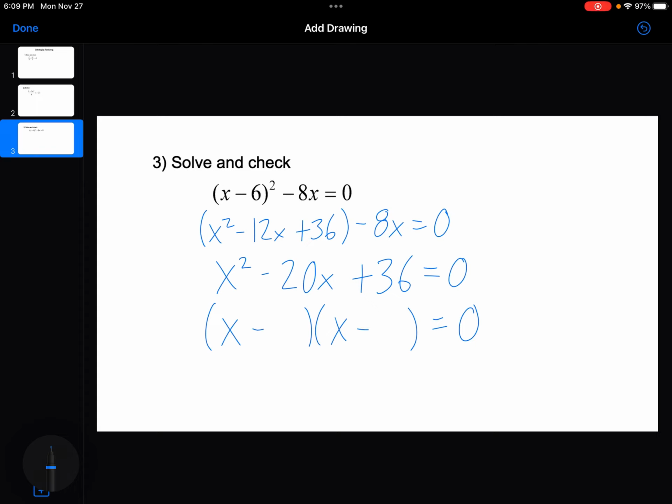And now let's just work through our factors of 36. 1 and 36 wouldn't add to 20. A lot of people want to do 6 and 6. Well, that's only going to add to 12. But if we had 2 and 18, well, 2 times 18 is 36. 2 plus 18 is 20. We make them both negative and we get our answer. So then this is going to be x equals 2 or x equals 18. And that is how you do more complex questions.